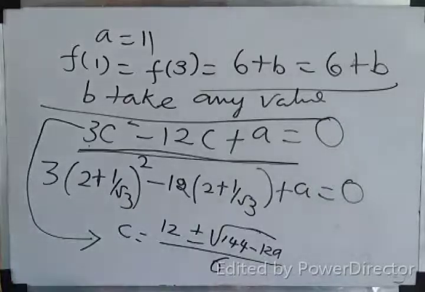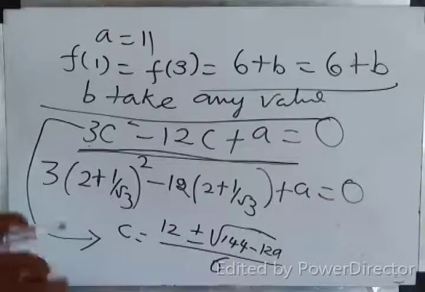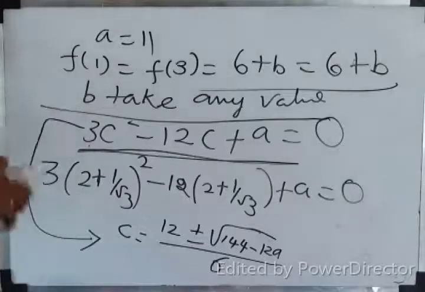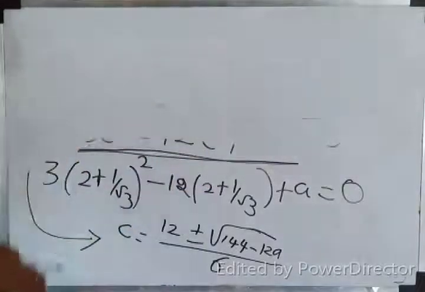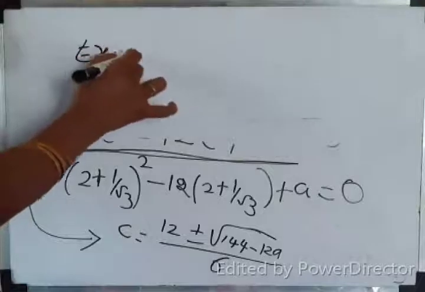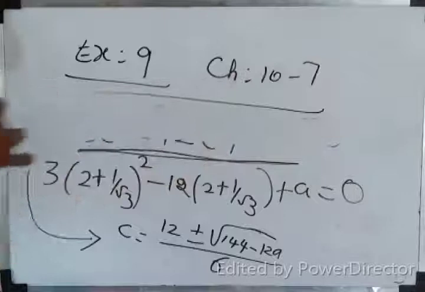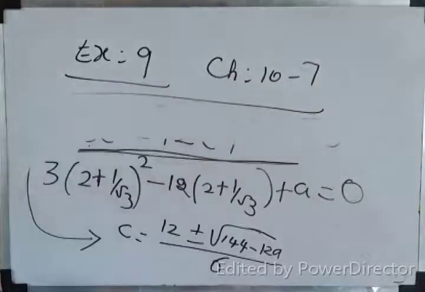Okay. Children, in this question, the first equation, I may be wrong. I took it from the other question. That's why my first equation may be wrong. I'll tell you this question is example 9, chapter 10-7.